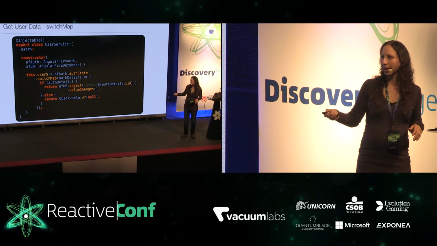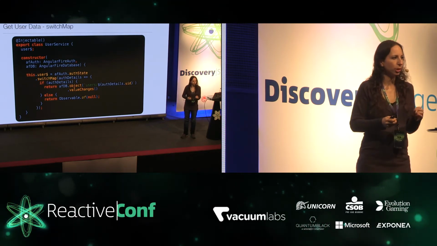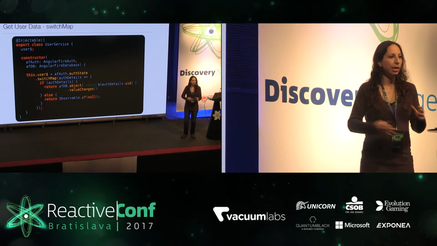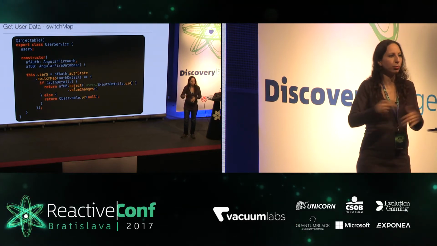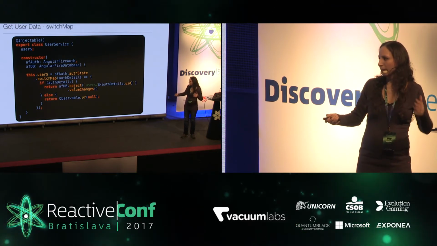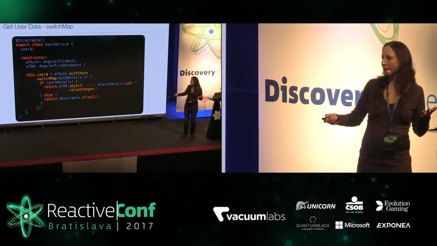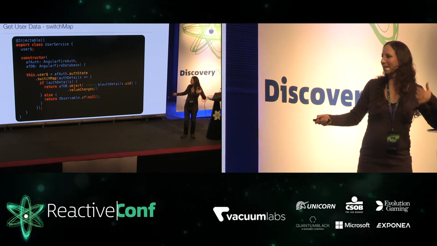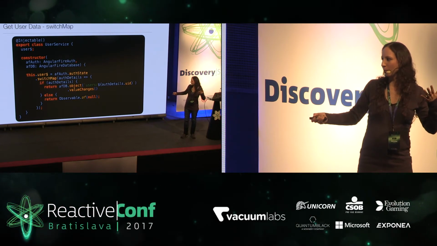So once we get the value of the user, we do a switchMap, which always takes the last value of the user and does something with that, and returns a new observable, not a value, but an observable.